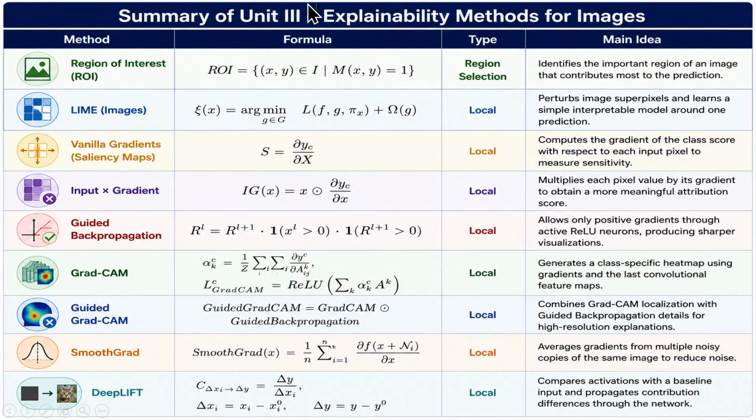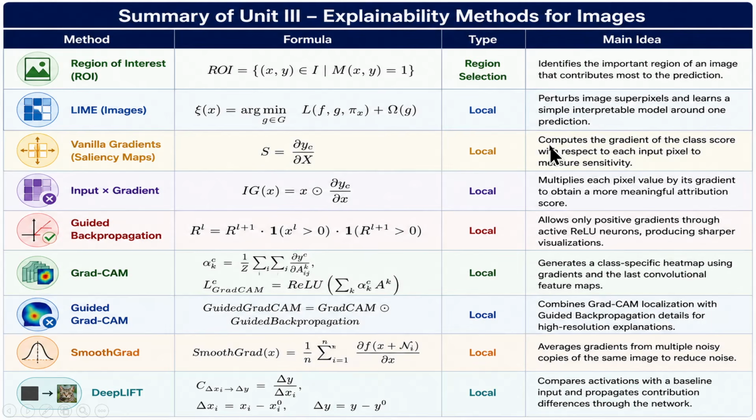This is a summary of all the explainable methods for images. ROI is not exactly a method, rather it is the identification of the important regions that contribute to the predictions. Here LIME perturbs image pixels and creates a simple model.